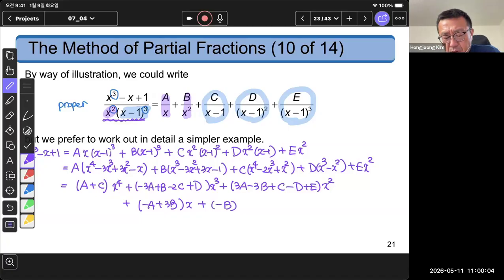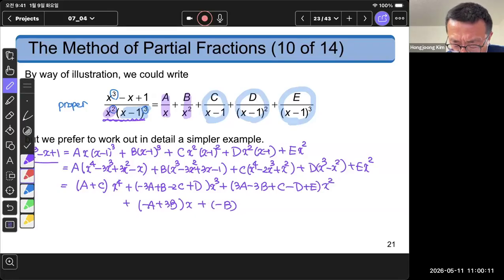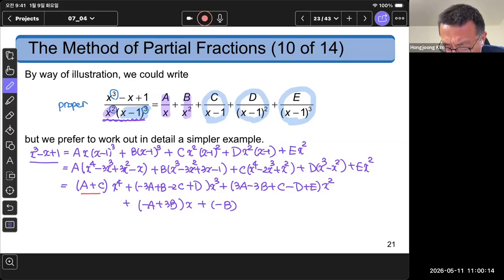That's it, right? So that must match x cubed minus x plus 1. So that means A plus C must be 0 because there is no counterpart on the left hand side. And negative 3A plus B minus 2C plus D must be 1. And there is no square term on the left, so 3A minus 3B plus C minus D plus E must be 0 as well.